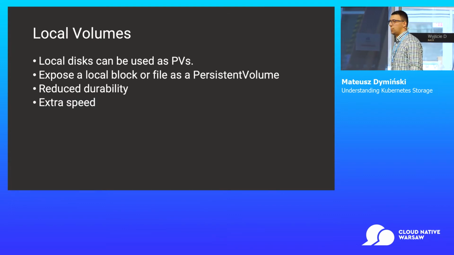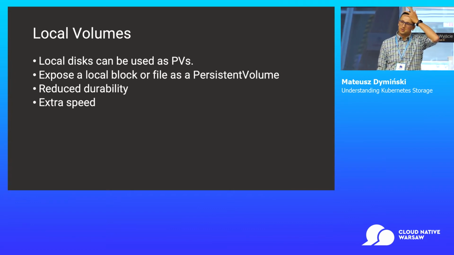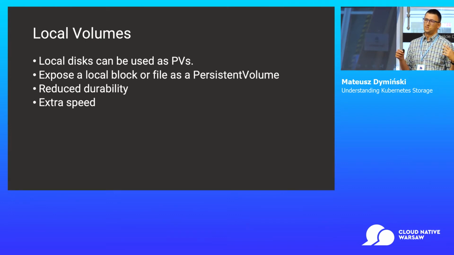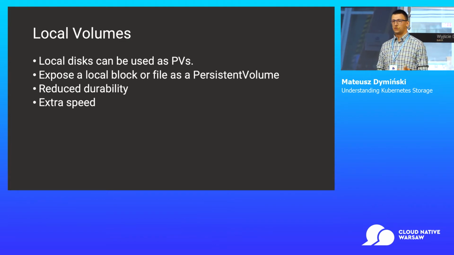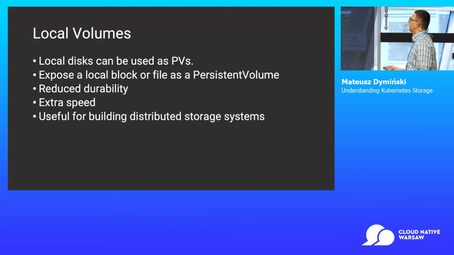It's extra speed. There is a talk from KubeCon in Barcelona in this edition, and the benchmark says that it's as fast as bare metal. In fact, we are touching the volume which is on, for example, a local SSD, and it's extremely fast. So when you're looking for extra disk speed, it's worth using local volumes.